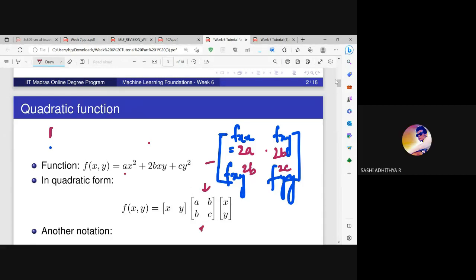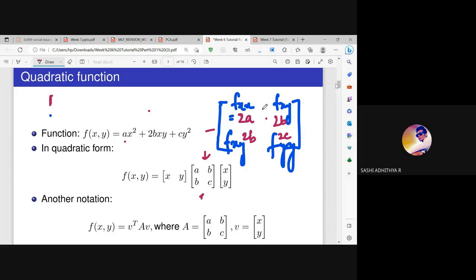So for all the convex functions, the Hessian matrix will be symmetric. Yes, for all the convex functions, you'll get symmetric matrices. That's why we generally use gradient descent whenever we have a convex function.